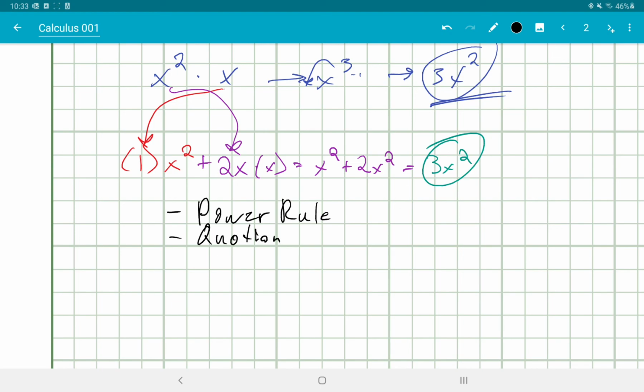So instead of x squared times x, you get x squared divided by x. And you need to know the chain rule.